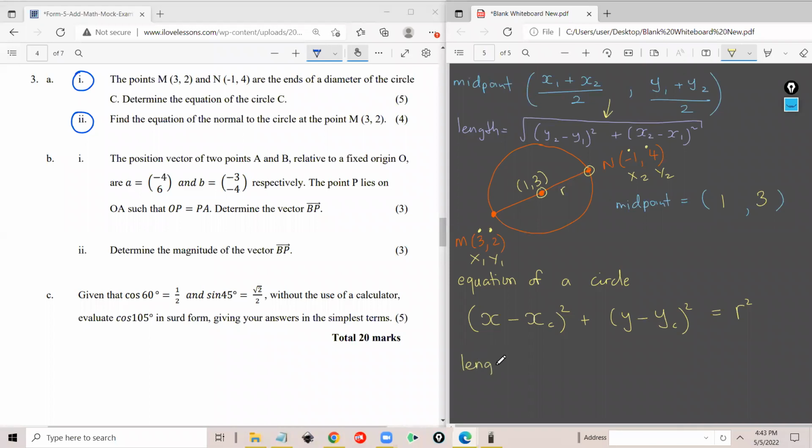Let's do it over here. The length is y2 minus y1. In a case like this, we're not using this one and this one. Or although you could find the length from m to n, which is the diameter, and then you can just simply divide by 2 to get the radius.